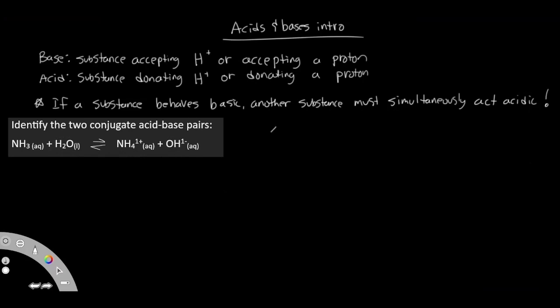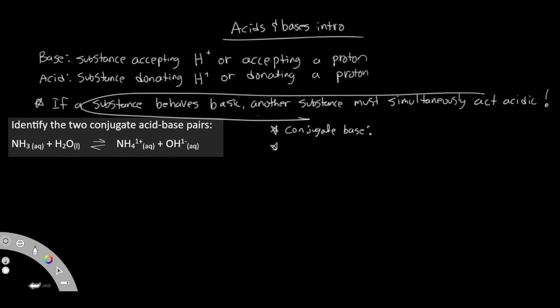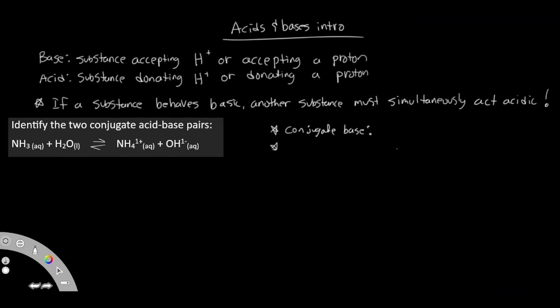I want you to always have in the back of your mind, when we deal with a conjugate base, what is occurring? Well, when you have a conjugate base, it must be acting with an acid as a counterpart. What does it say up here? If a substance behaves basic, another substance must simultaneously act acidic. So if we have a conjugate base, it is in accordance with its acid.